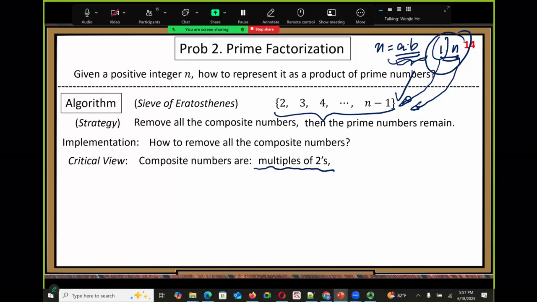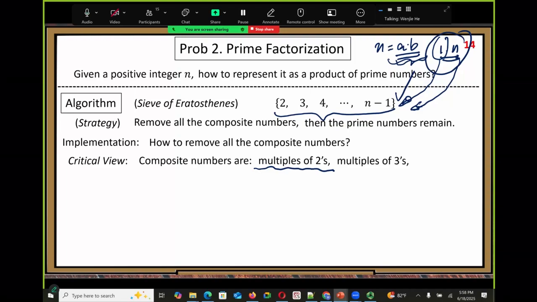Trivial would be 1 times 2, so we don't want to count 1 times 2. That's the trivial multiple. So the non-trivial multiples of 2's. That's the first category. Second category, non-trivial multiples of 3's. And so on.